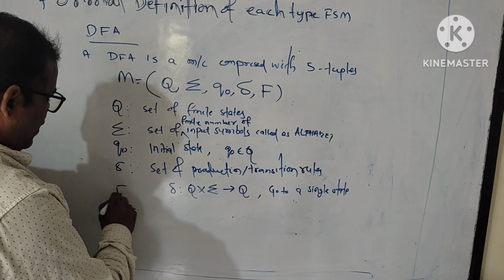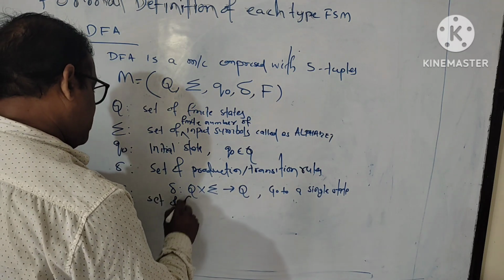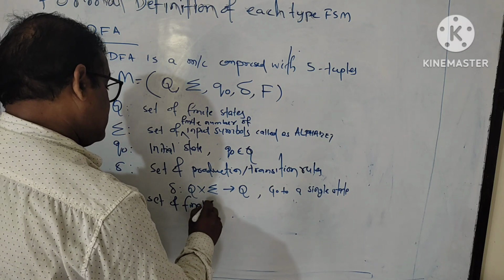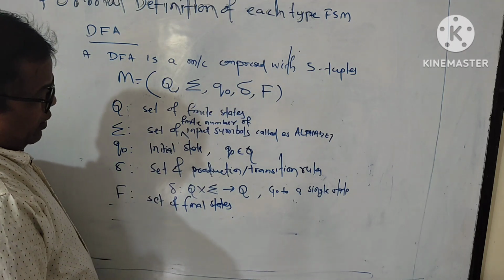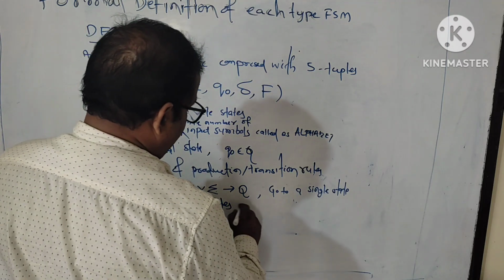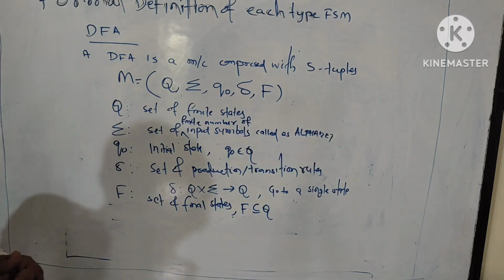And capital F is called the set of final states. We can write here F is the subset of capital Q. This is also very important.